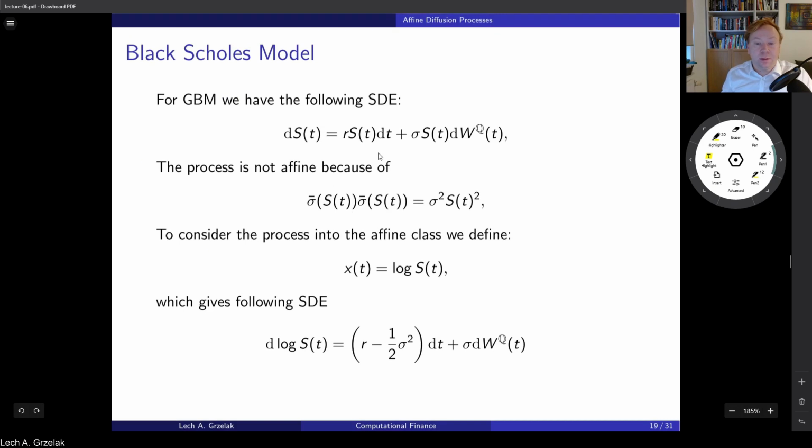And if we follow the Duffie, Pan, and Singleton condition for affine diffusion models, then for the volatility term we have sigma squared s squared. This process is not affine because this is not linear.